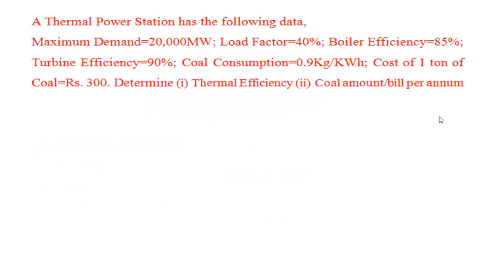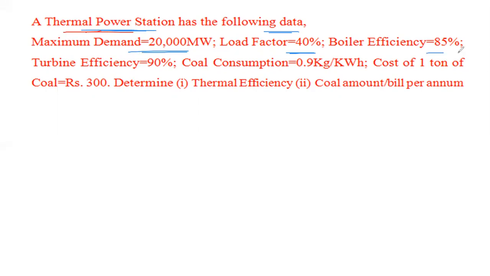The next problem: a thermal power station has the following data. Clearly, the power plant is a steam power plant, another name for the thermal power plant. The maximum demand is 20,000 megawatt. The load factor is 40%, that is 40 by 100, 0.4.